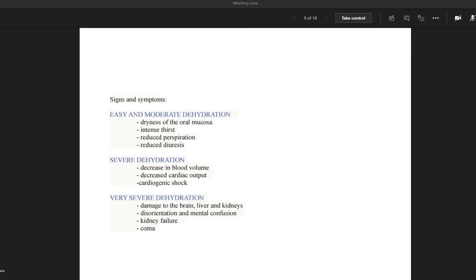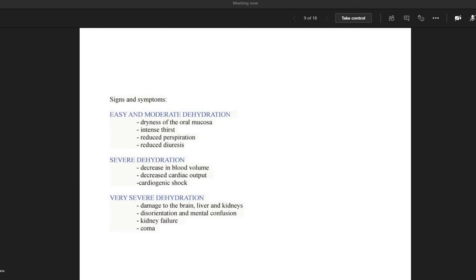I mentioned here reduced perspiration, but please keep in mind that we have a reduced perspiration even in the situation when we should have an intense one. So the body needs an intense perspiration in order to cool itself, but due to the decreased volume of water inside of the body, it keeps the water inside in order to save us, okay?